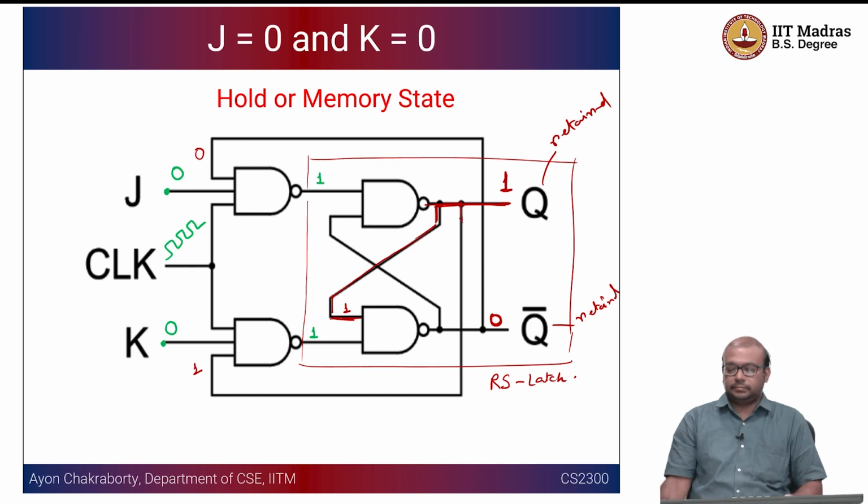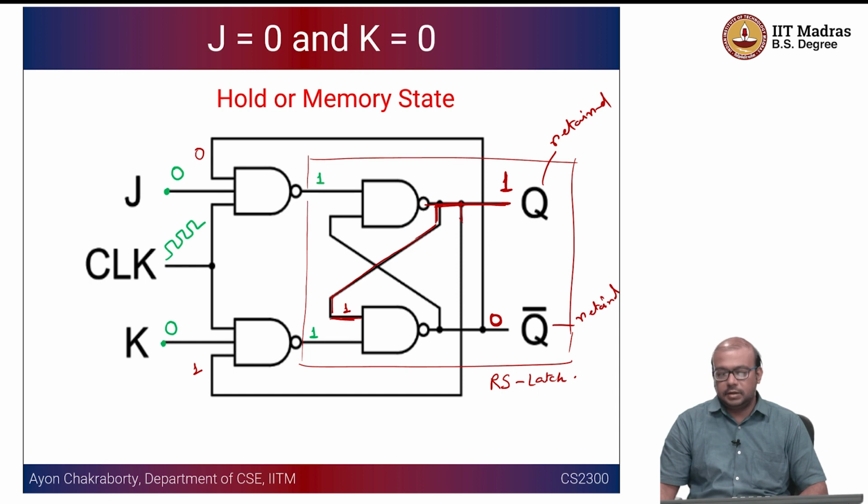Okay, so this is an important thing to remember. We are getting the functionality of an RS latch in some form. In the case of D, if you put 0, the output was definitely becoming 0, and if you put 1, the output was definitely becoming 1.